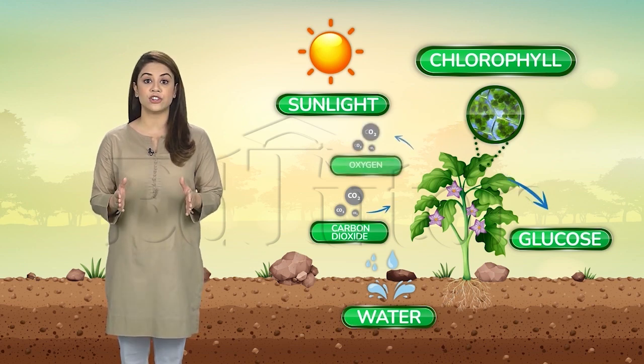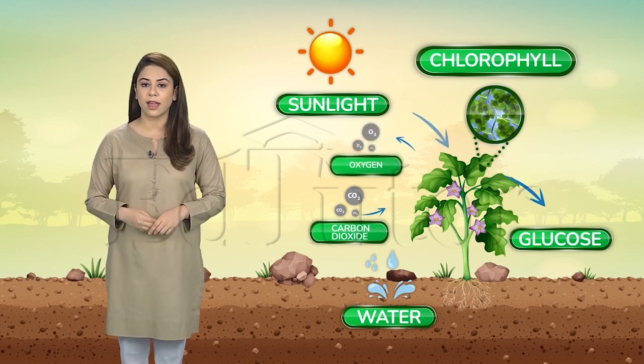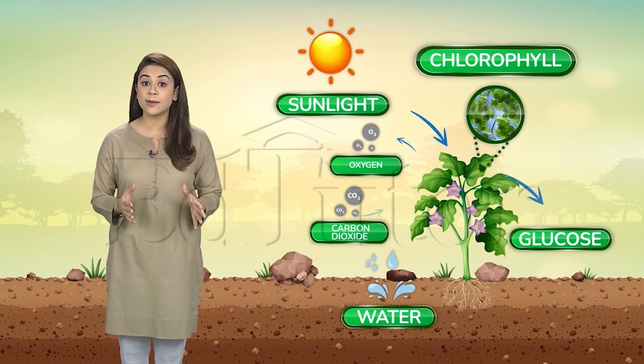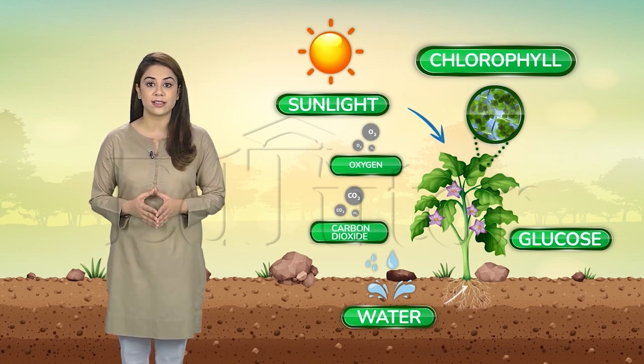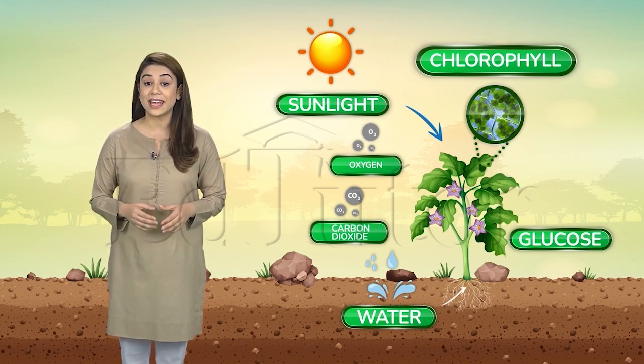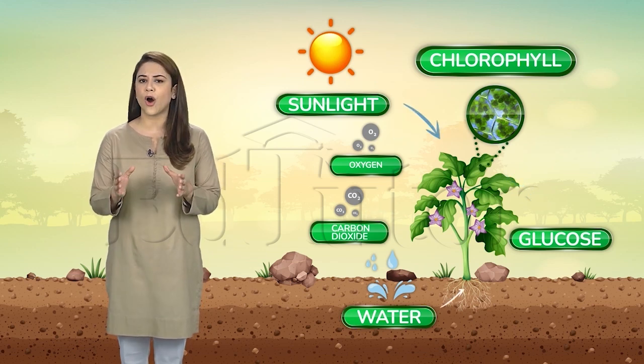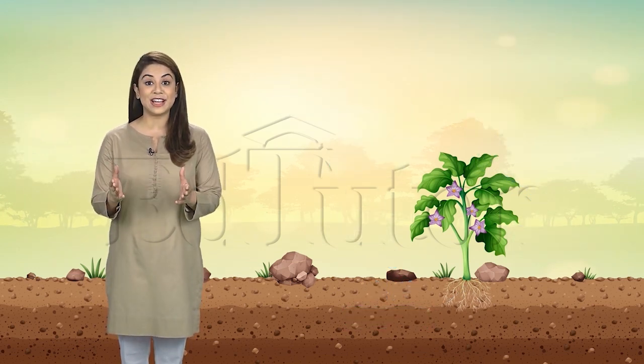Plants give off oxygen as a byproduct. It is basically an anabolic or a building up process, and that is why it is an important component of bioenergetics and living systems.